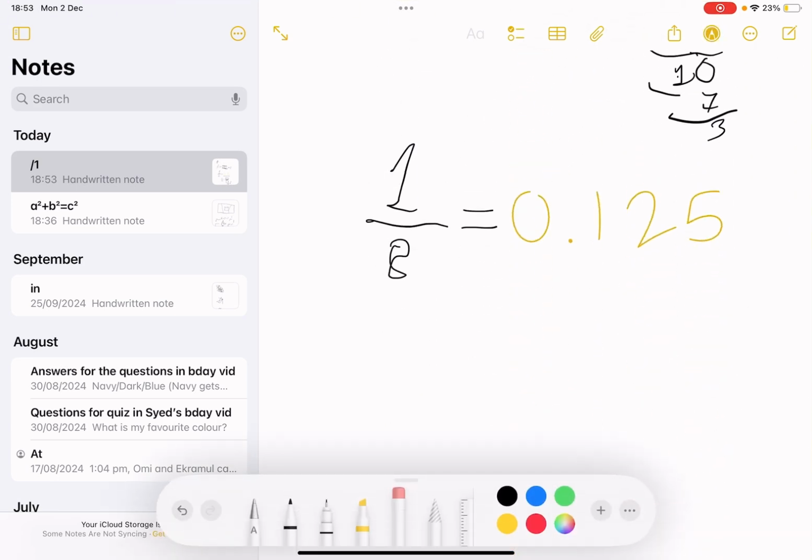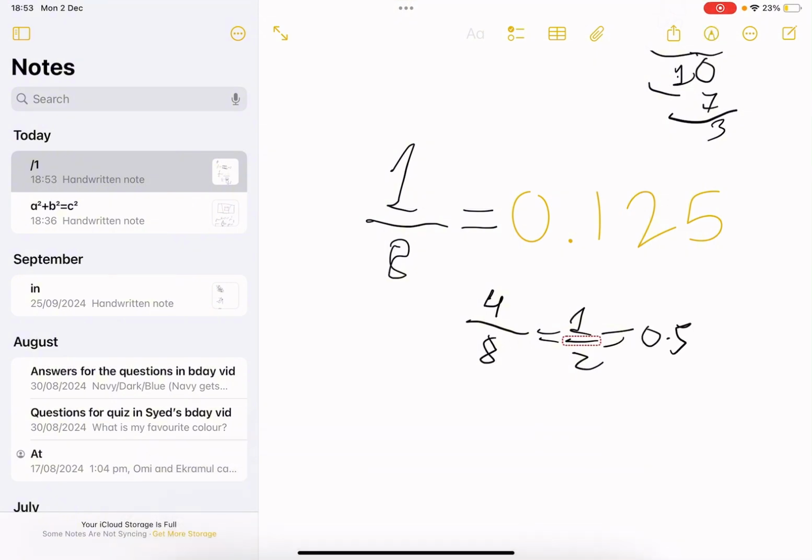So, anyways, let's quickly answer this. Now, if you really want, you can do this the cool method, and let me tell you what that is. 4/8, we know that's 1/2, which we know is also equal to 0.5. Does that make sense?